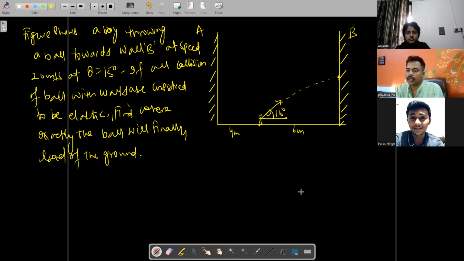So this is the meaning of elastic collision. Now think for 2 minutes. I know that you won't be able to solve this, but at least try to think.